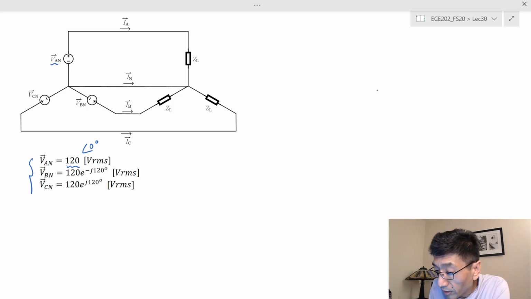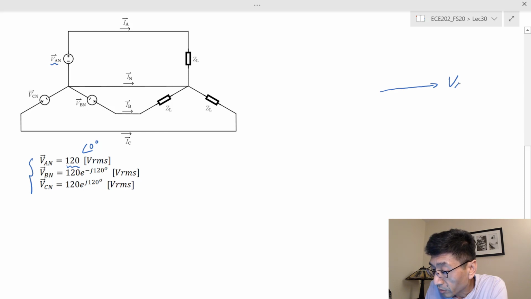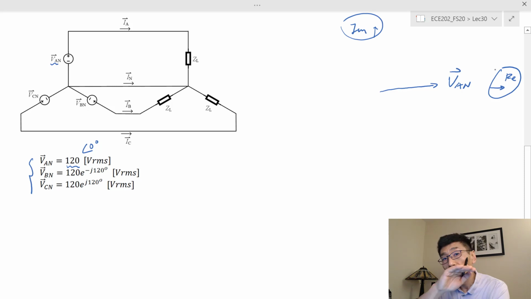So if you draw the phasor diagram, which is very useful for the three-phase system, so this is going to be VAN. We draw the phasor diagram. We assume this is the real axis and this is the imaginary axis. We typically don't draw these. We assume the horizontal is real and vertical is imaginary. And so this VAN has 0 phase angle, and the VBN has negative 120 degrees, roughly this.